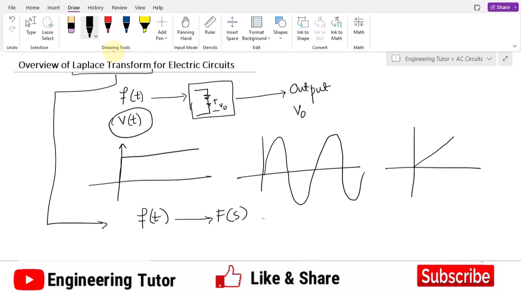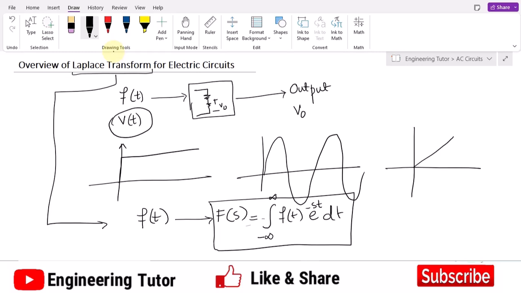Okay, so the question is how to transform any signal into the S domain. It's very easy, because we have to integrate the product of the signal f of t and e to the power minus s t in the time domain, and here we will get the output. Okay, so this will be the Laplace transform.